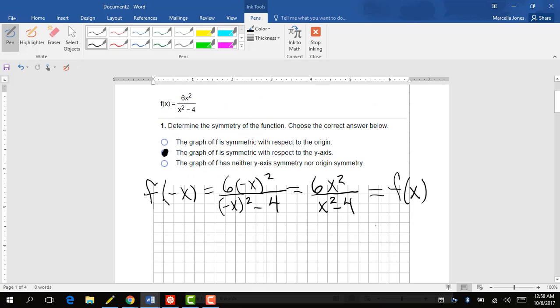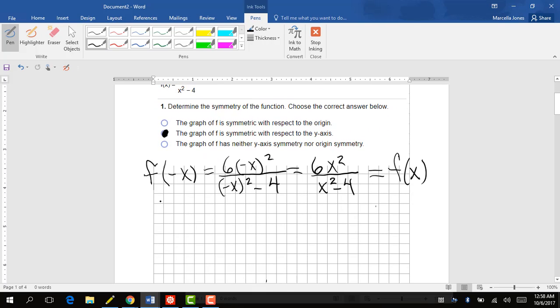Part 2 of the problem asks us to find the y-intercept. We find that by letting x equal 0.